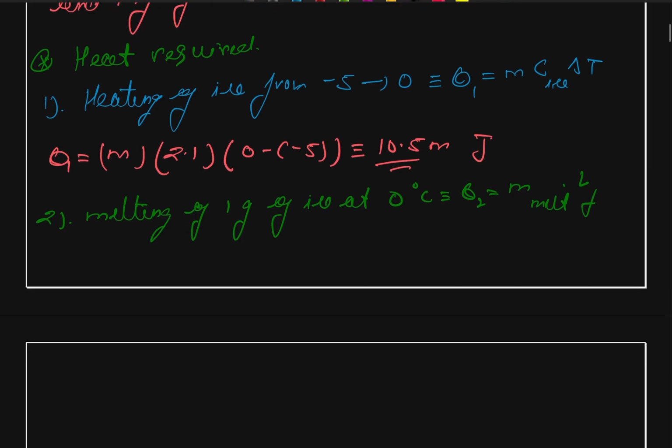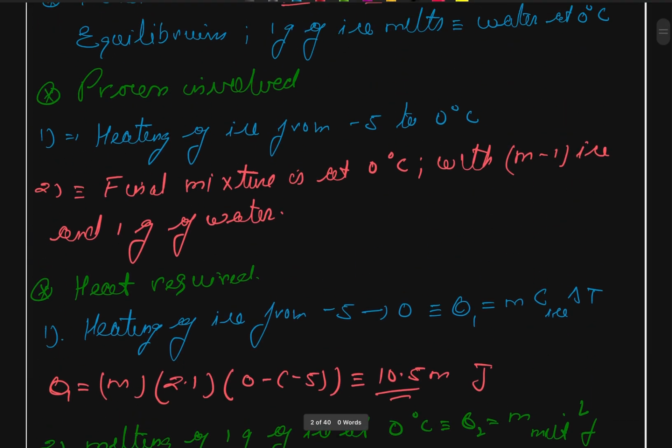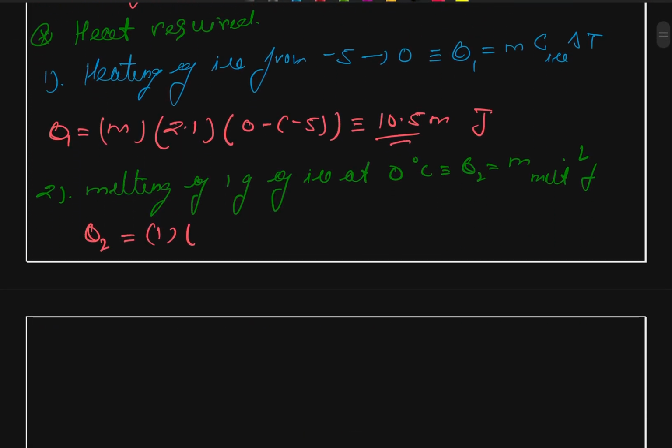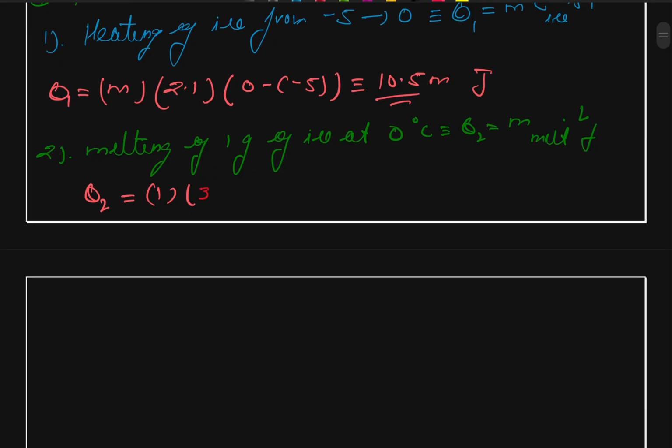The mass melted is 1 gram, so Q2 is equal to 1 times 336, since everything is in grams, which gives us 336 joules. Now the final temperature is 0 degree centigrade, so we have to keep that in mind.